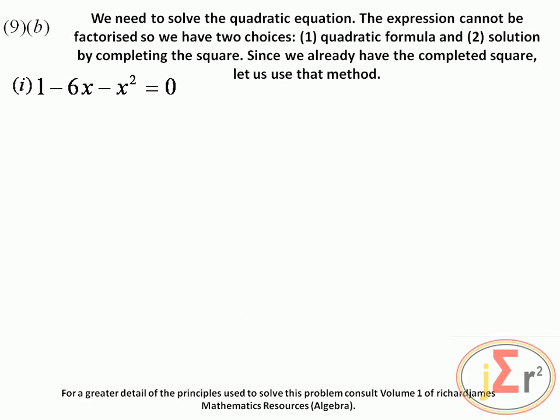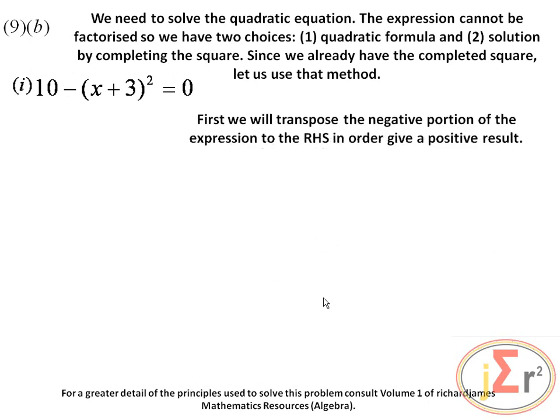Since we already have the completed square, let us use that method. Put our completed square right there. First, we will transpose the negative portion of the expression to the right hand side in order to give a positive result. So don't keep on fiddling around with a lot of negative signs.